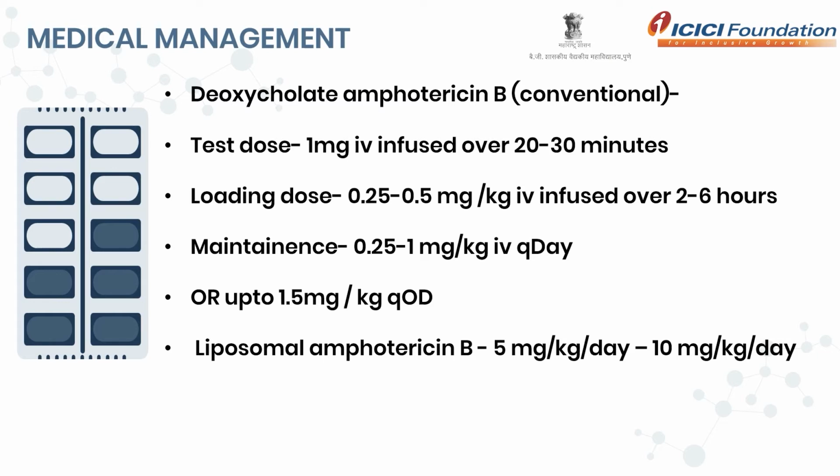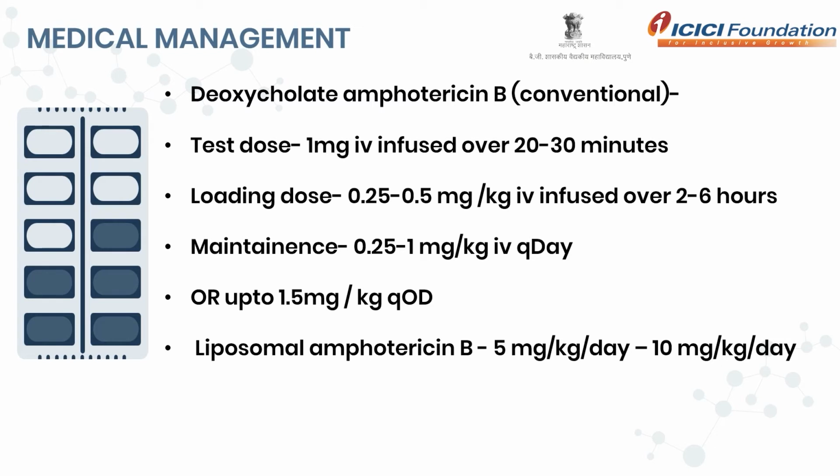Medical management: amphotericin B, that is the antifungal agent. We use deoxycholate amphotericin B when the patient's renal functions are normal, because its cost is less compared to the liposomal amphotericin B. The test dose is 1 milligram IV infused over 20 to 30 minutes.